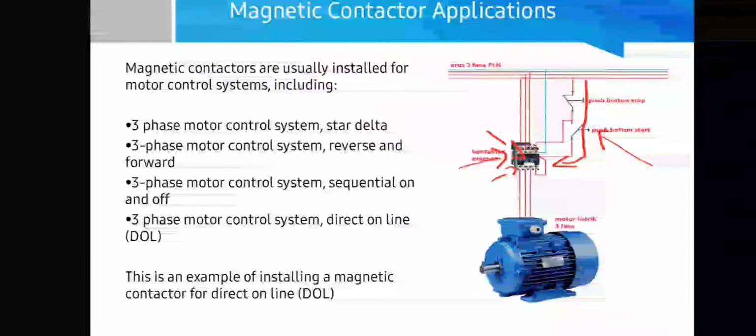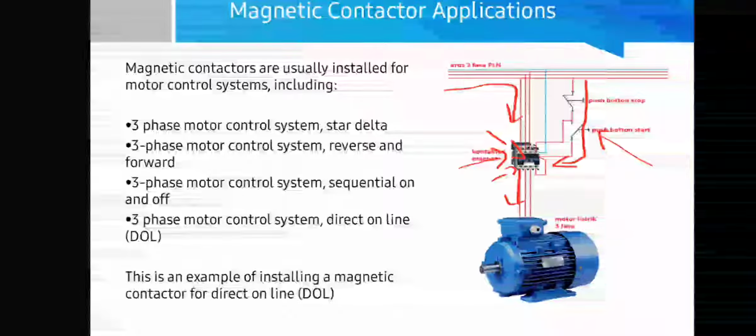Like we explained before, the NC will become NO, and NO will become NC. So after the contactor works, it will let the voltage flow into the motor, and then the motor will rotate.